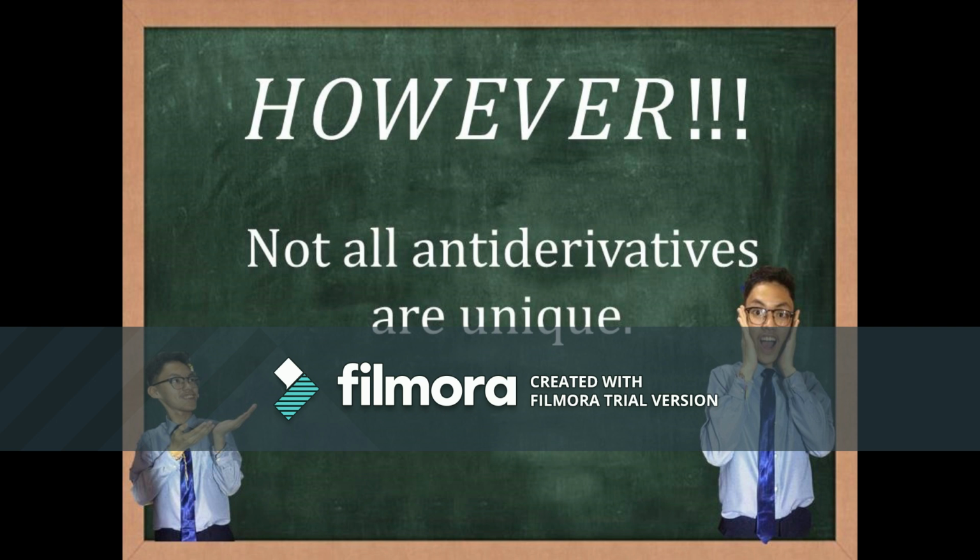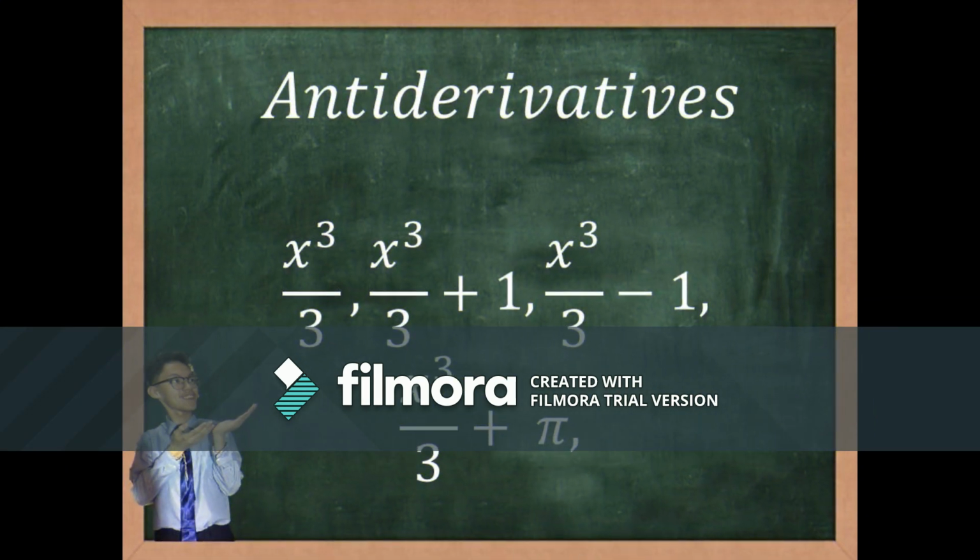However, antiderivatives are not unique. A given function can have many antiderivatives. For instance, the following are antiderivatives of x squared: x cubed over 3, x cubed over 3 plus 1, x cubed over 3 minus 42, and x cubed over 3 plus pi.